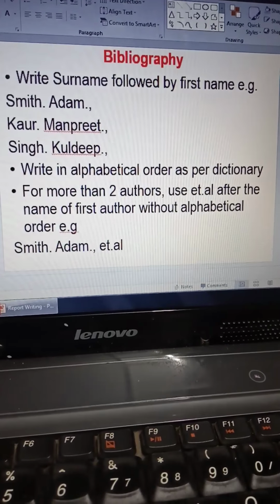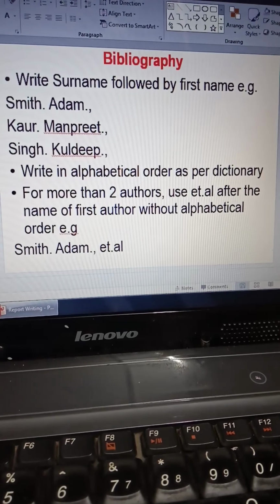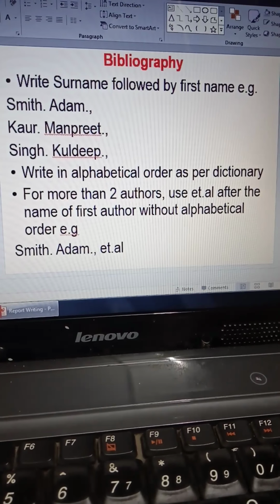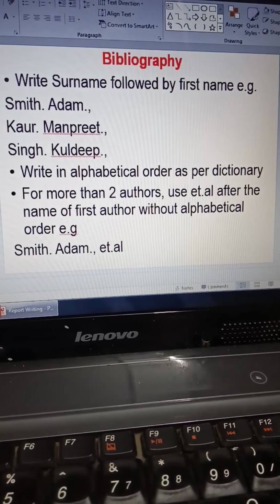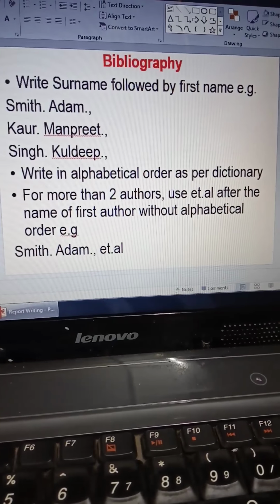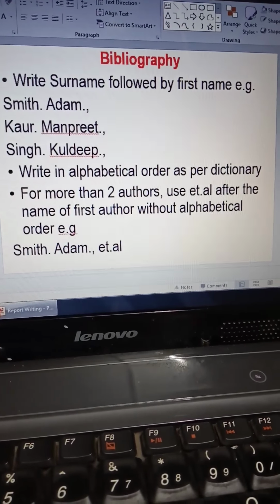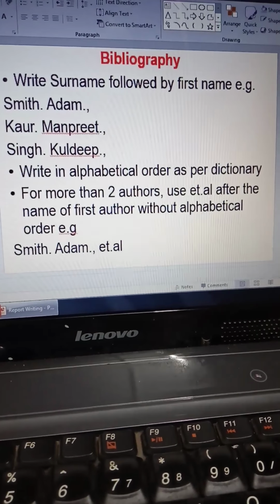Kaur will come first, then will come Singh, and then will come Smith, because K comes before S. Therefore, Kaur, Singh, and Smith. This is what would be the normal standard of writing a bibliography page.